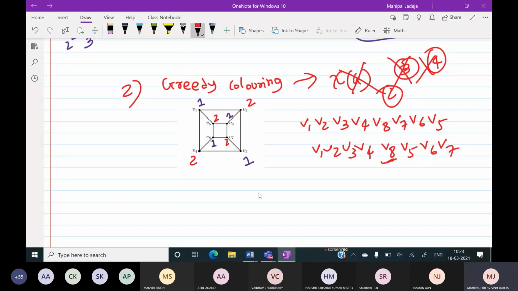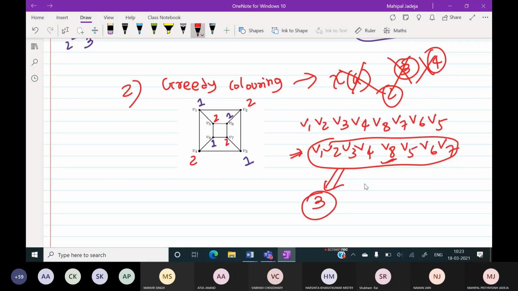So this is fine. But now my question is, since greedy coloring depends upon this ordering, is there any other ordering corresponding to these 8 vertices so that the number of colors required to color this particular graph is 3 or 4? Corresponding to this ordering, this answer is correct.